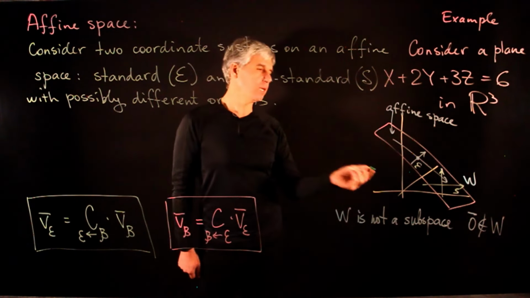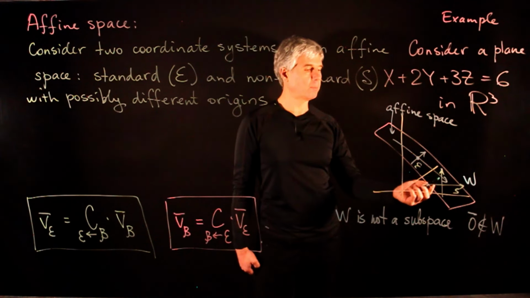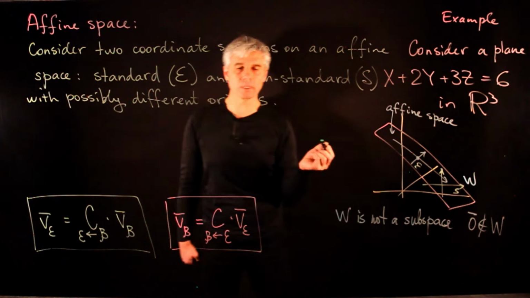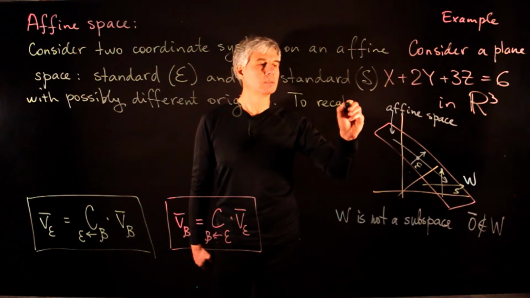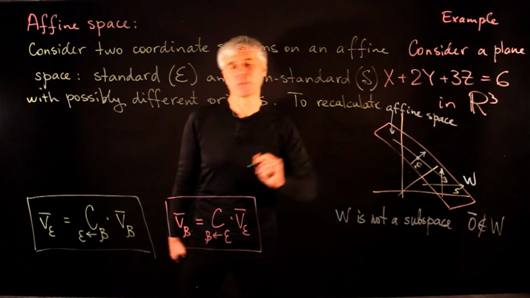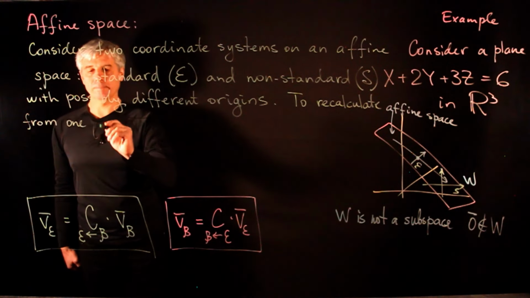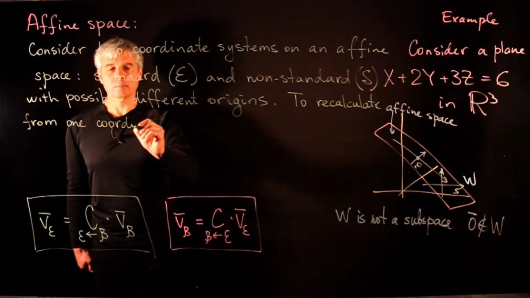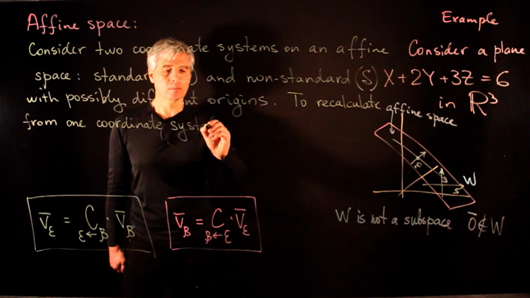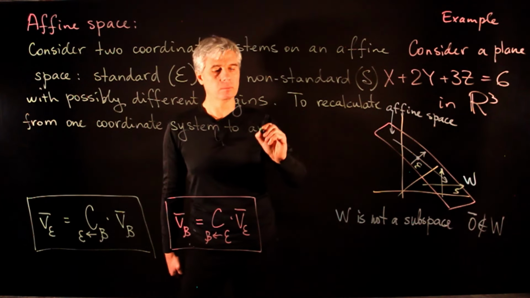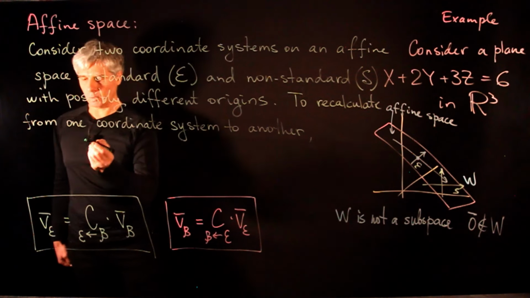Now, how can we recalculate coordinates of points from one coordinate system to another coordinate system? So to recalculate from one coordinate system to another, we use the following formula.